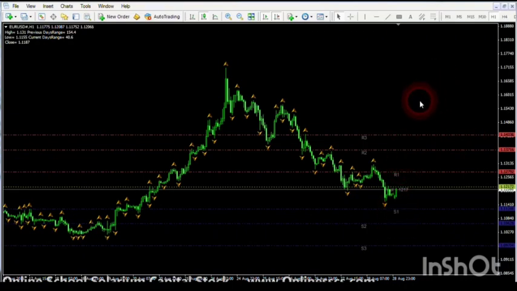But the resistances get too far away from each other and they may get updated to this spot. And it's showing me that the elasticity is upward on that day, on Tuesday. But if your supports get updated and they get far away from each other, it is telling you that on Tuesday your elasticity is downward. And if the supports don't change that much, they don't have any fluctuations and they stay where they are, it is telling you that your elasticity is upward.